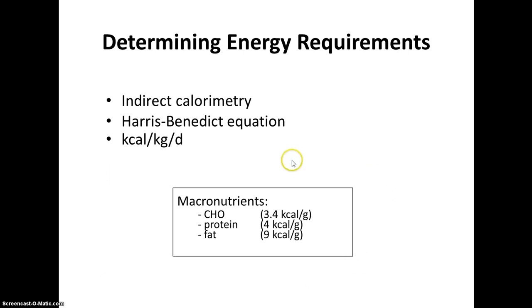On this slide, the other thing you need to be familiar with is the macronutrients: what they are, their role in metabolism and healthy nutrition, and also from a calculation standpoint, the associated kilocalories for every gram that's burned. So as the patient receives these substrates or macronutrients, how many calories would the patient be able to convert it to in terms of energy?